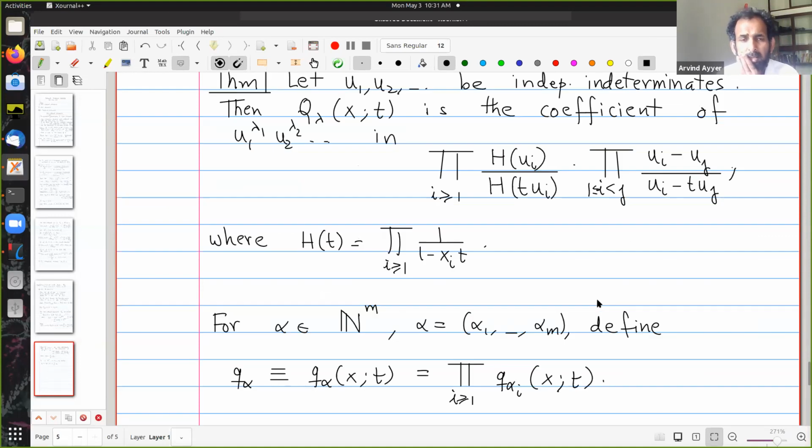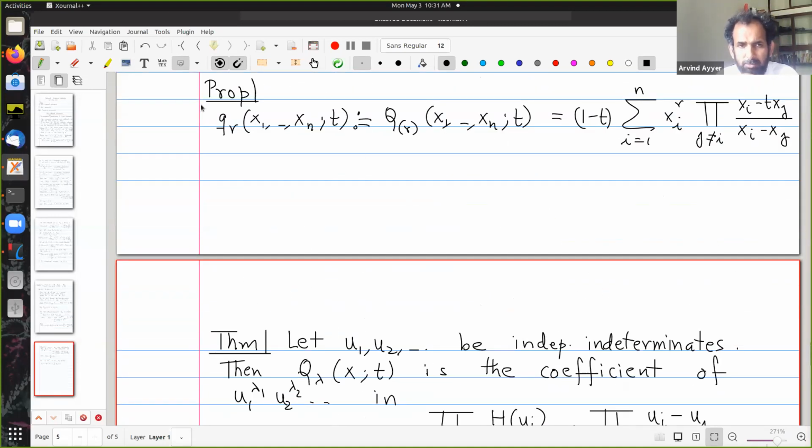So this is different from q lambda. It's just taking individual entries over here.